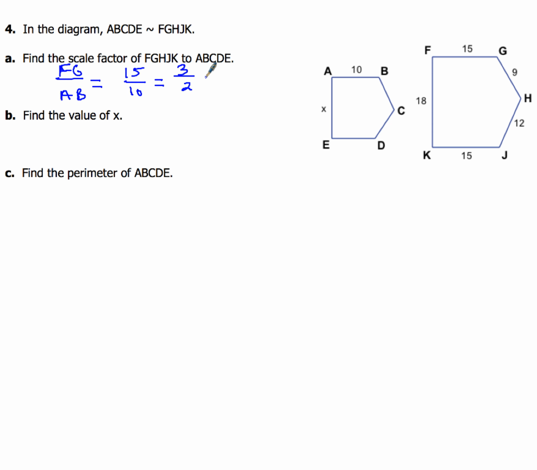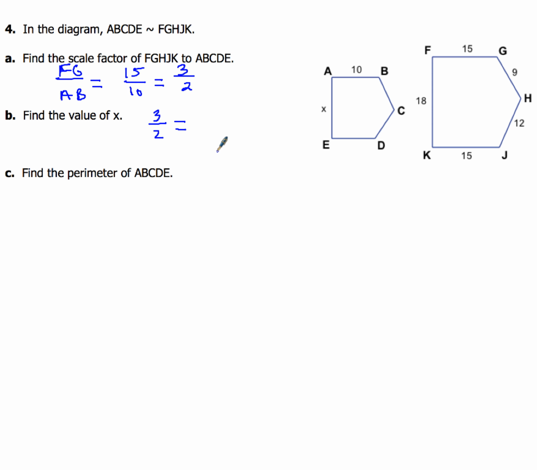Now when I go to find the value of x, again, you're going to have a lot of different options in terms of how you want to work with that. But when we go to do that, you'll set up your proportion, and instead of actually using two of the sides, we could start out with the scale factor. So we're going to work with 3/2 since that's our scale factor, and we're going to set that equal to, now here's the thing, would it be x over 18 or 18 over x?